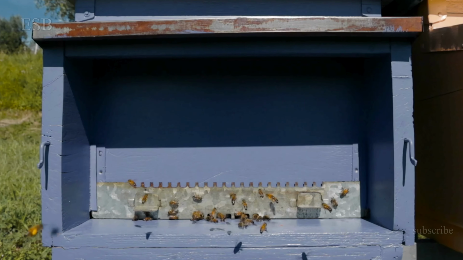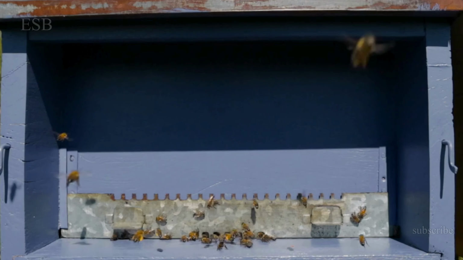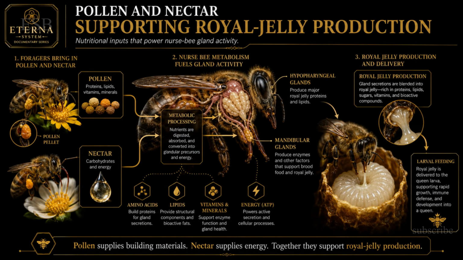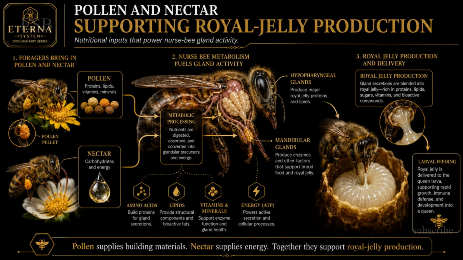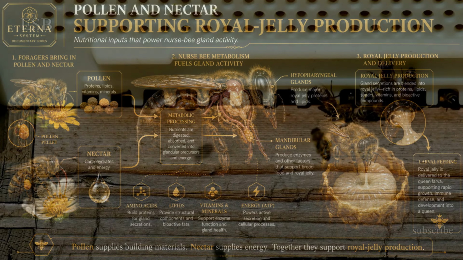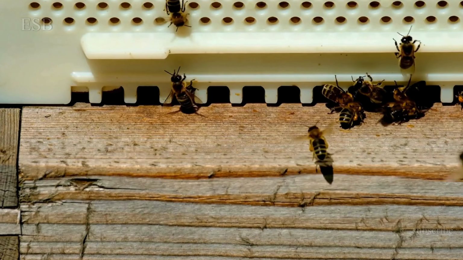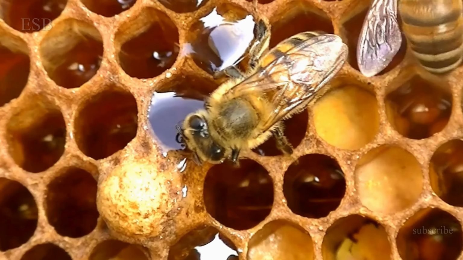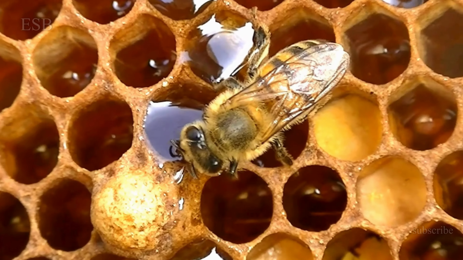Nutrition is another point at which the method can either succeed or lose quality. Pollen provides proteins, fats, vitamins, and minerals required by young bees. Nectar or sugar syrup supplies energy. When a strong natural nectar and pollen flow is available, the colony operates under conditions of abundance.